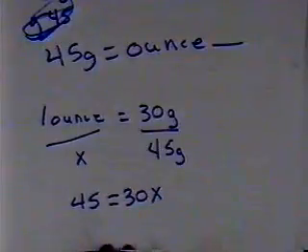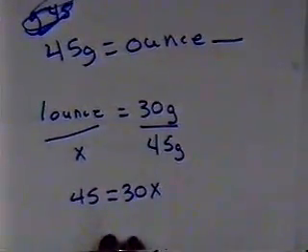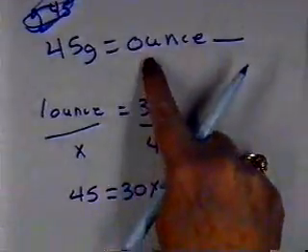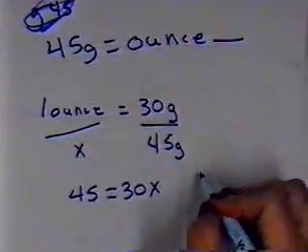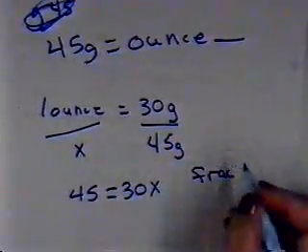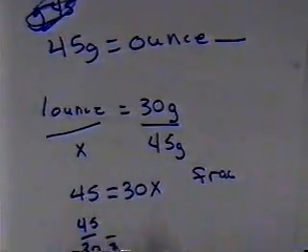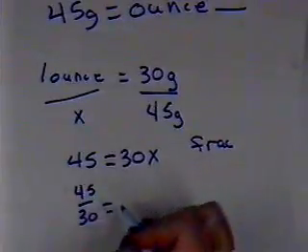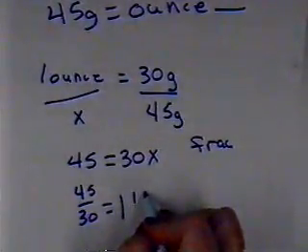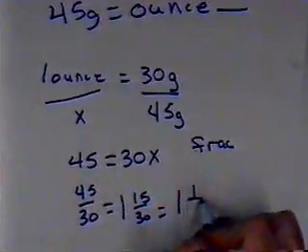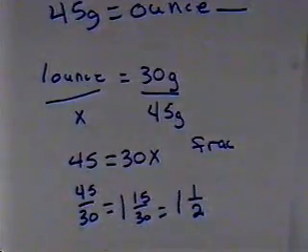At the point you divide, this is where you ask yourself fraction or decimal. Which one does this one need to be? This one needs to be a fraction. So I'm going to 45 over 30, 15/30, 1 and 1/2.